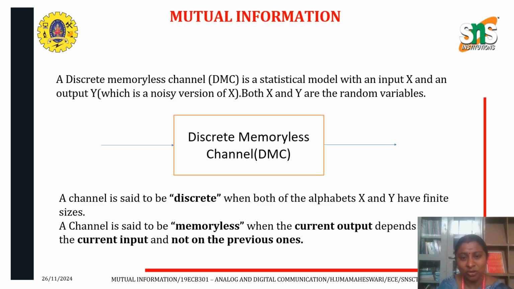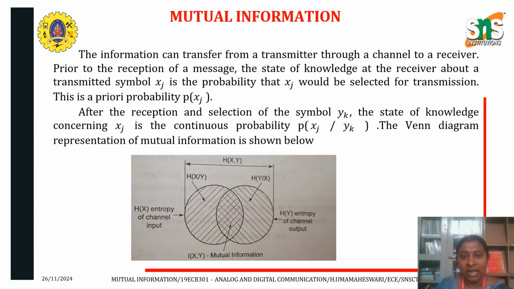The channel is said to be discrete when both of the alphabets x and y have finite sizes. A channel is said to be memoryless when the current output depends on the current input, not on the previous ones. So the information can transfer from a transmitter through a channel to a receiver.